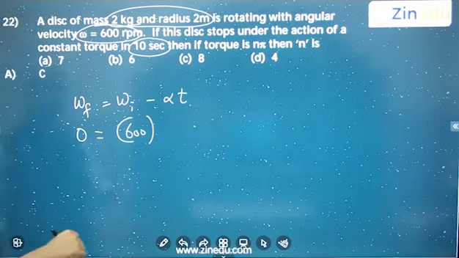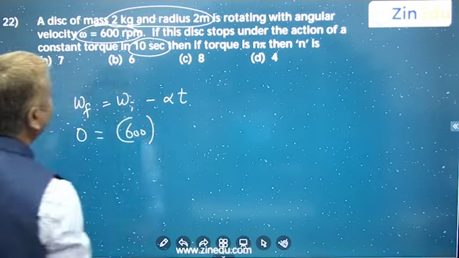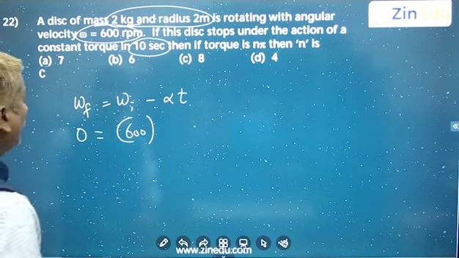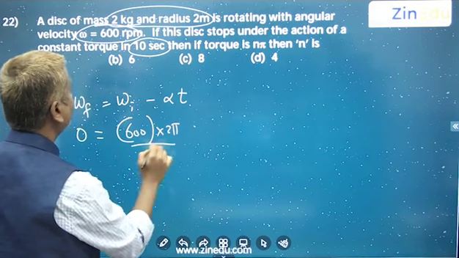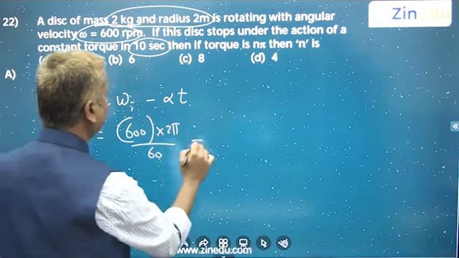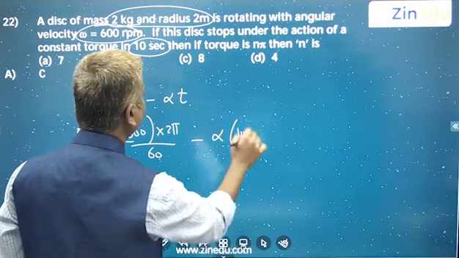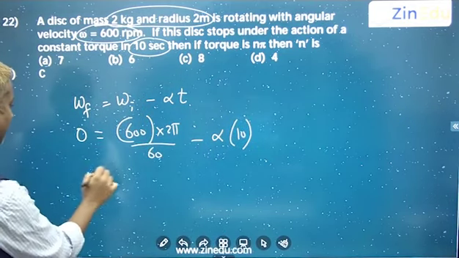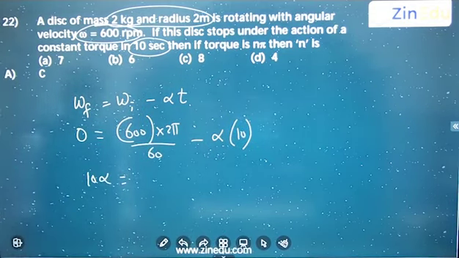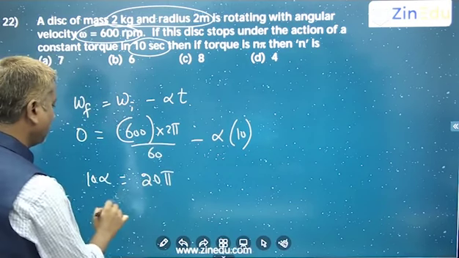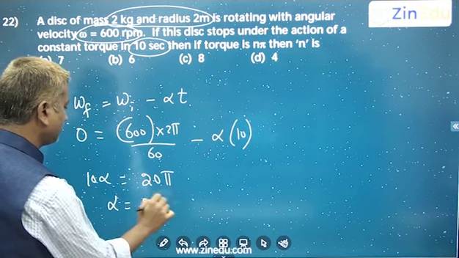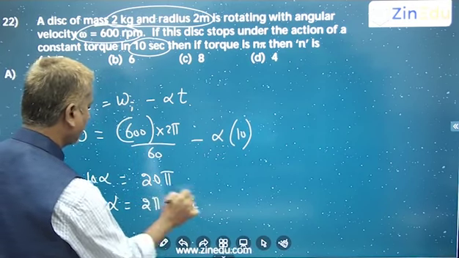You can convert revolutions per minute into radians per second. So that is 20 pi, so 20 pi minus alpha into t. T is 10 seconds, right? So 10 alpha will be equal to 20 pi. So alpha value is 2 pi radians per second square.